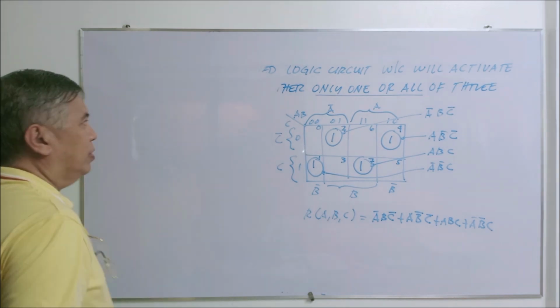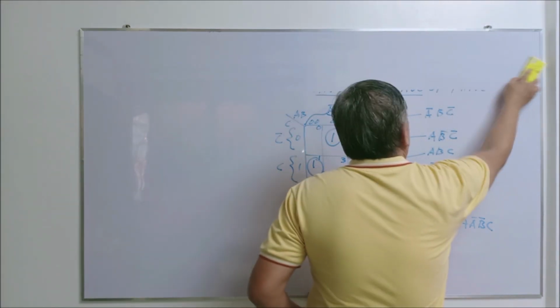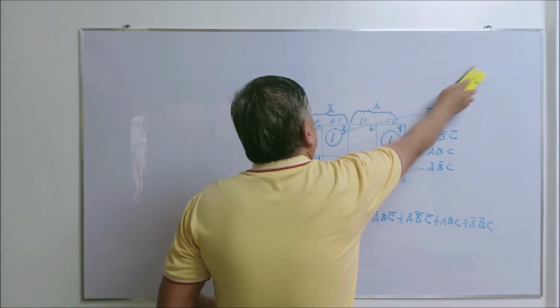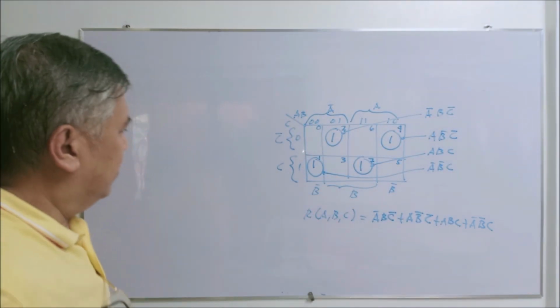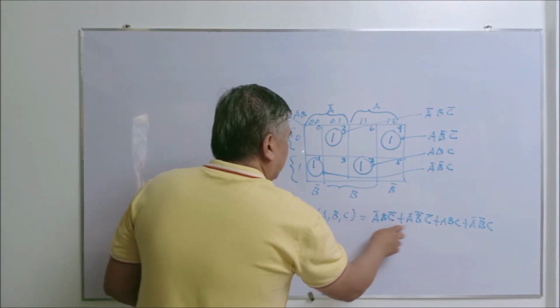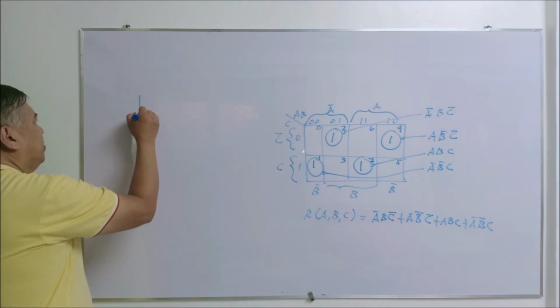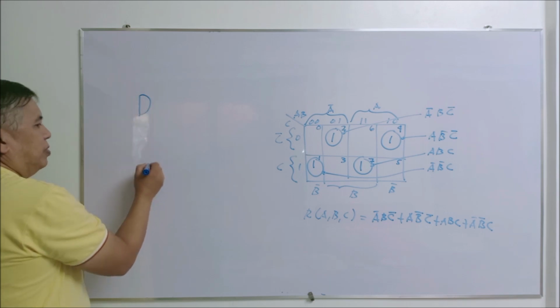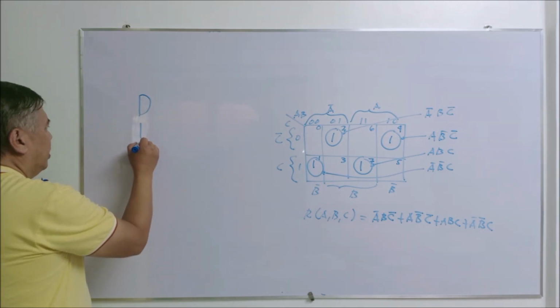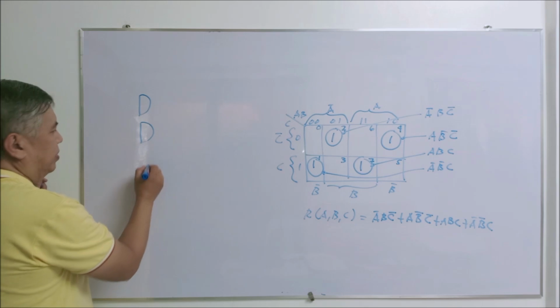We have how many AND gates? 1, 2, 3, 4 AND gates. So we will have the same logical representation that we had last time.